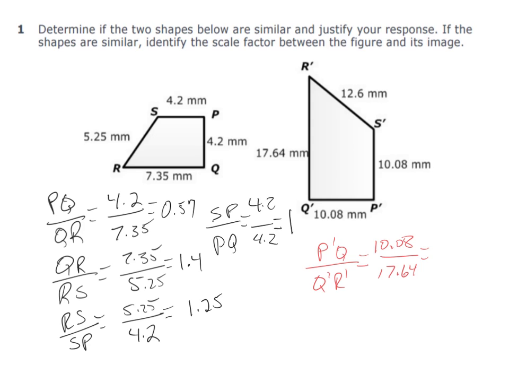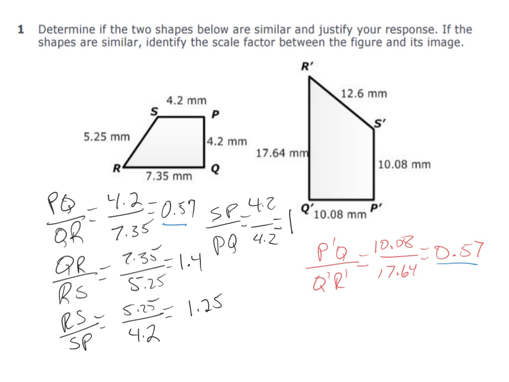So I take my little calculator. 10.08 divided by 17.64 is going to give me 0.57. Notice that these answers are identical, congruent. So that tells me those two sides are proportional.